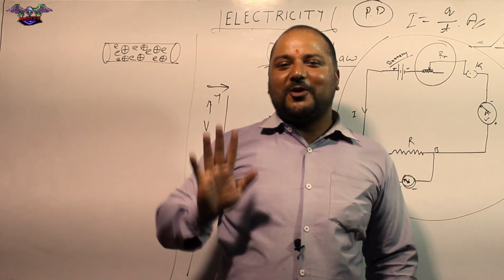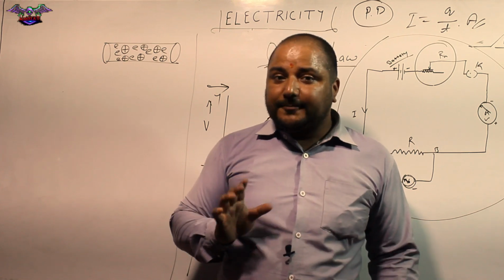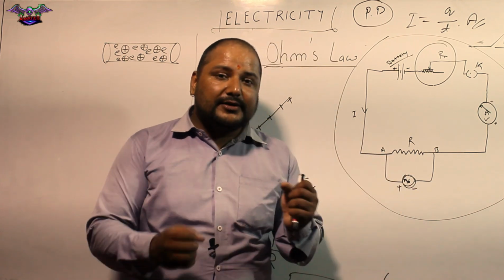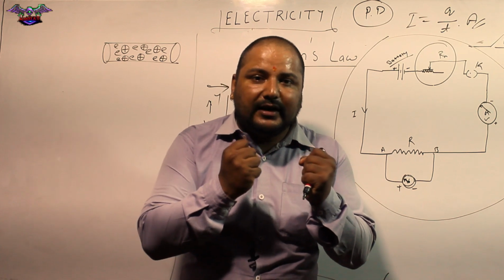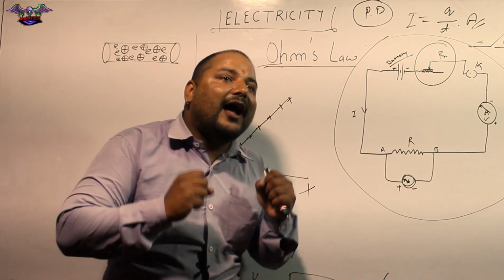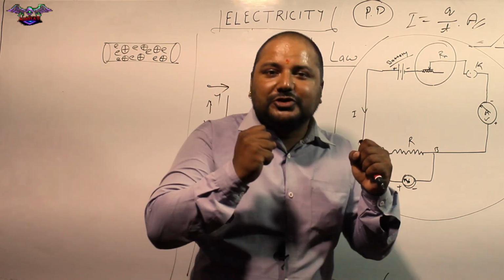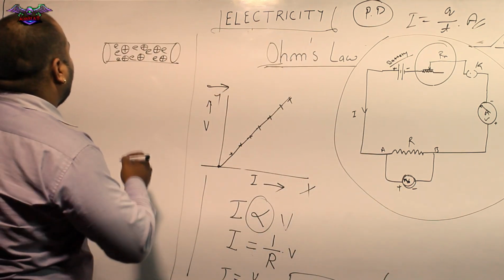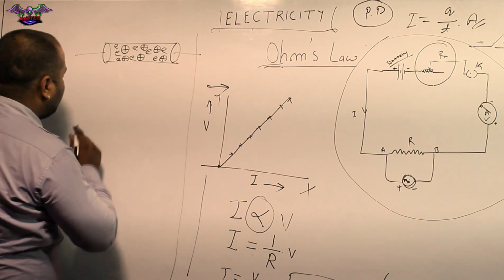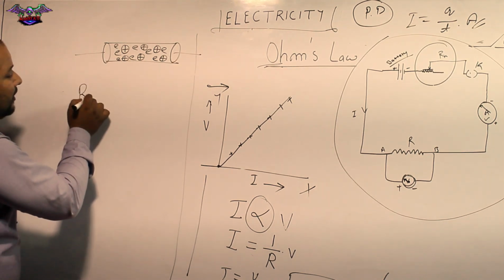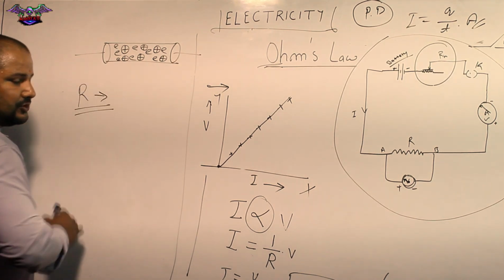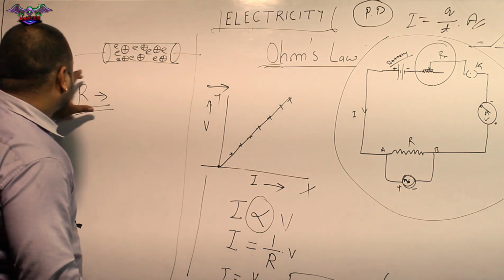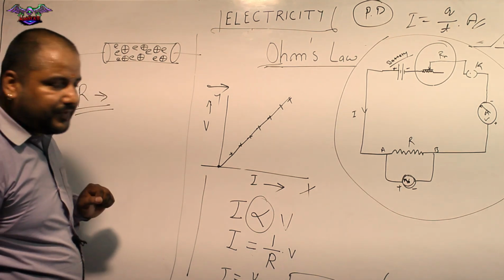Okay, so finally we got one statement: resistance is how much ability a conductor has to resist the current. Understand? So now we want to discuss which factors change the resistance.